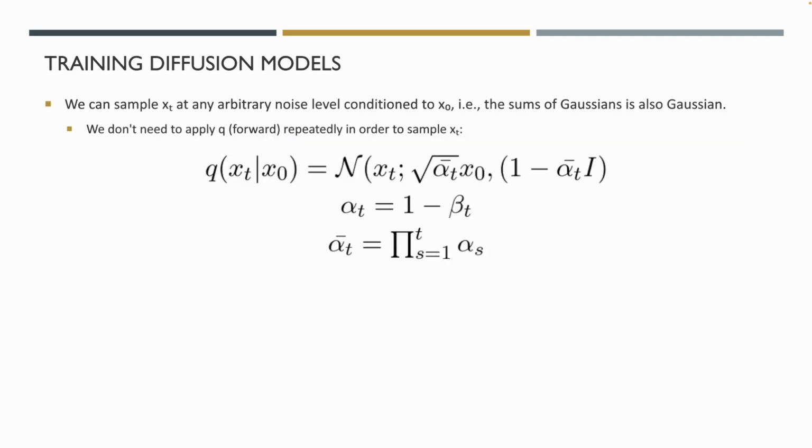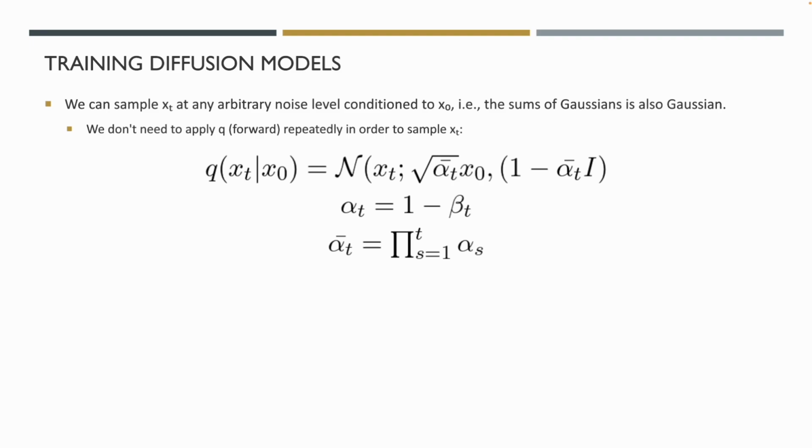A direct consequence of the constructed forward q is that we can sample xt at any arbitrary noise level conditioned on x0. The sum of Gaussians is also a Gaussian, and we do not need to apply the forward process repeatedly in order to sample xt.